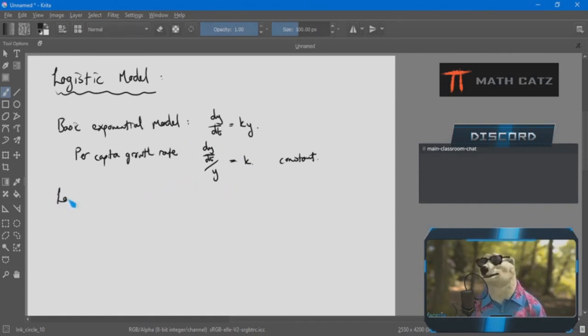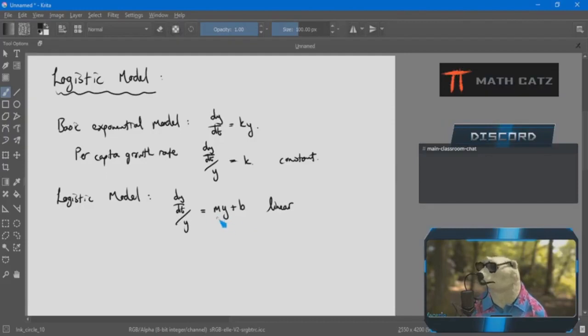So our logistic model, one way of looking at it is to say let's step up the per capita growth rate one step more general and make it linear. So we could call this now linear in y: m slope y plus b.